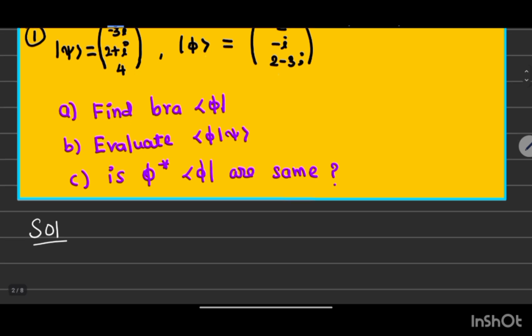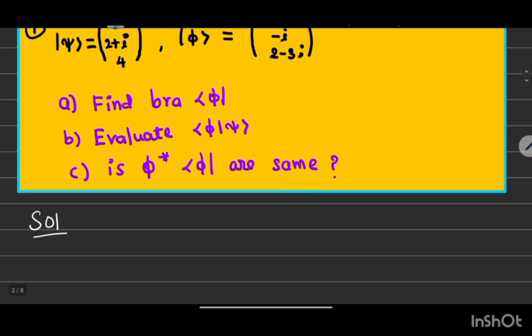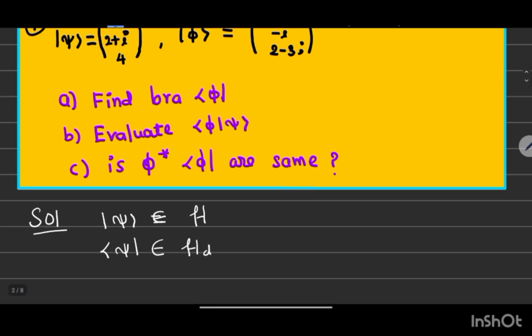We know from quantum mechanics that ket vectors are elements of Hilbert space, and bra vectors are elements of the dual of Hilbert space. If the vector space elements are matrices, then these ket vectors will be denoted as a column matrix.